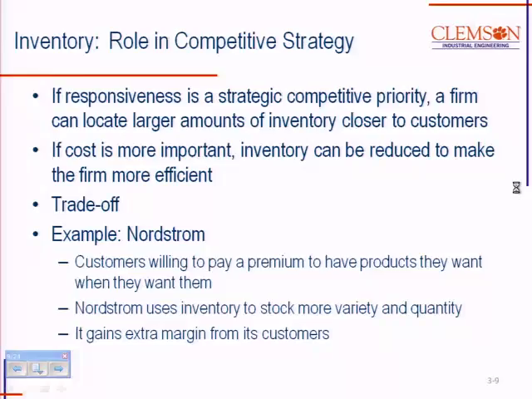And Nordstrom uses this to their advantage by stocking more variety and quantity than their department store counterparts. They can charge a bit more, so they still gain extra margin from their customer base. So it has to be right for the particular firm to do this.